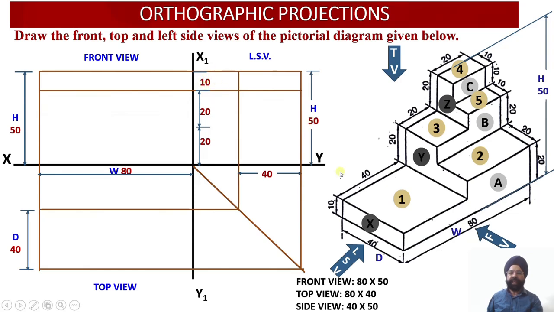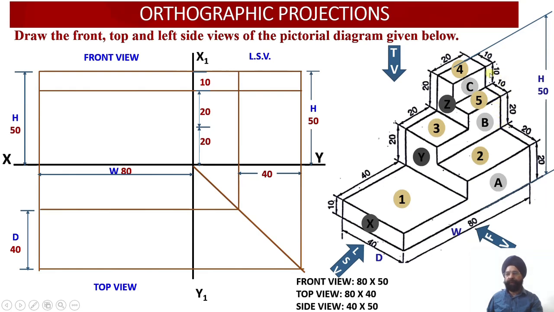So in this solid, we can check in the front view, this is the first element over here, that is the height over here, it is equal to 20 millimeter. That is the first element on the right hand side. This will be corresponding to the height of 20 millimeter. Then you have the second element B, for which once again the height is equal to 20 millimeter.